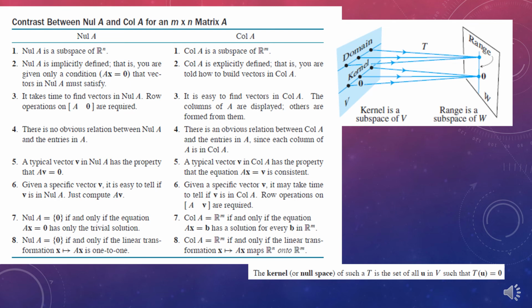If you add any two vectors that are in the column space, they're obviously still in the column space, because they're also a linear combination of the vectors. And if you take any two solutions to Ax equals 0 and add them, you get another vector that is a solution to Ax equals 0.